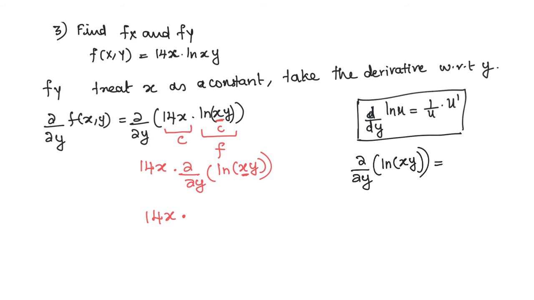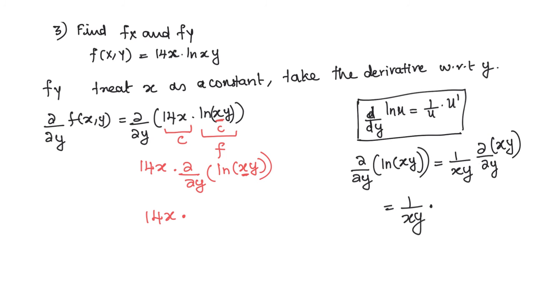So this will become 1 over xy, instead of u I have xy, then you are differentiating with respect to, oh, we are differentiating with respect to y, right? So dy, but it is a partial derivative, so I cannot write d over dy. It's like a curly d, and differentiate xy again with respect to y.